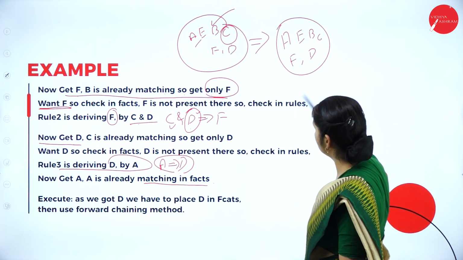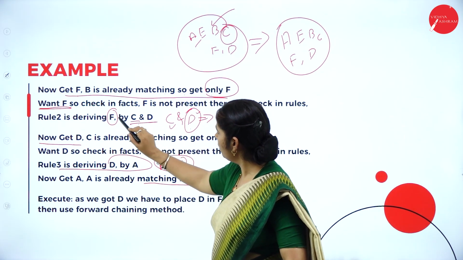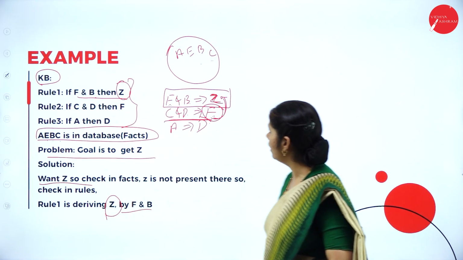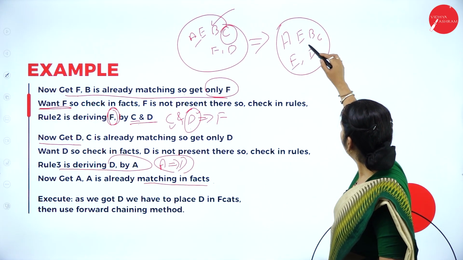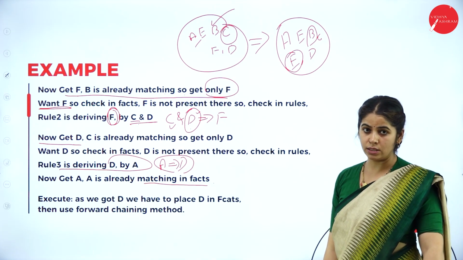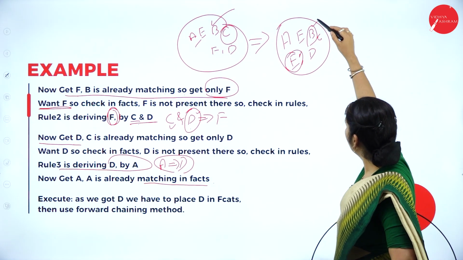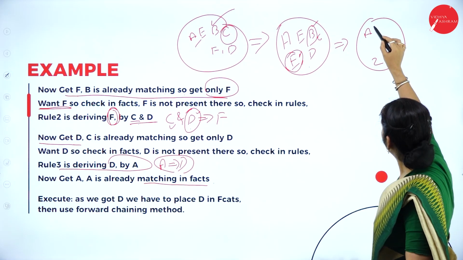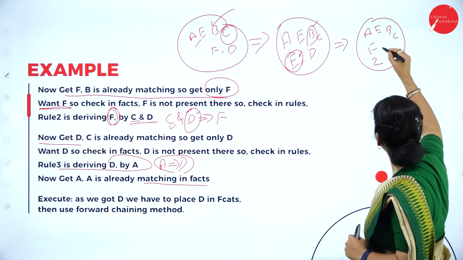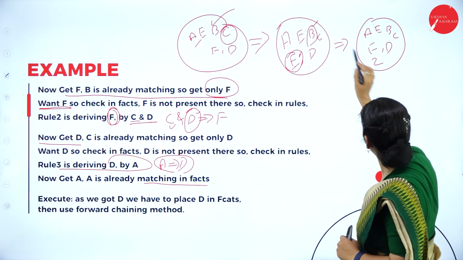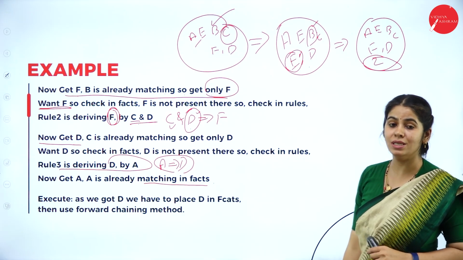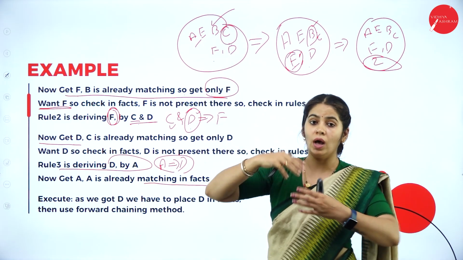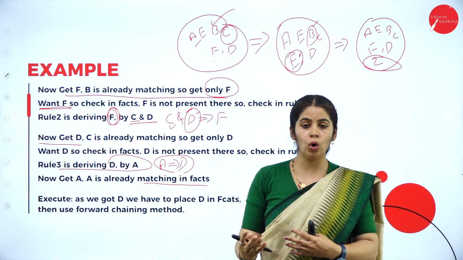Yes, definitely, because C and D give F, and F and B will give Z. Both F and B are there in the facts, so I can get Z. Once we got the facts, we again use forward chaining to go to the goal.